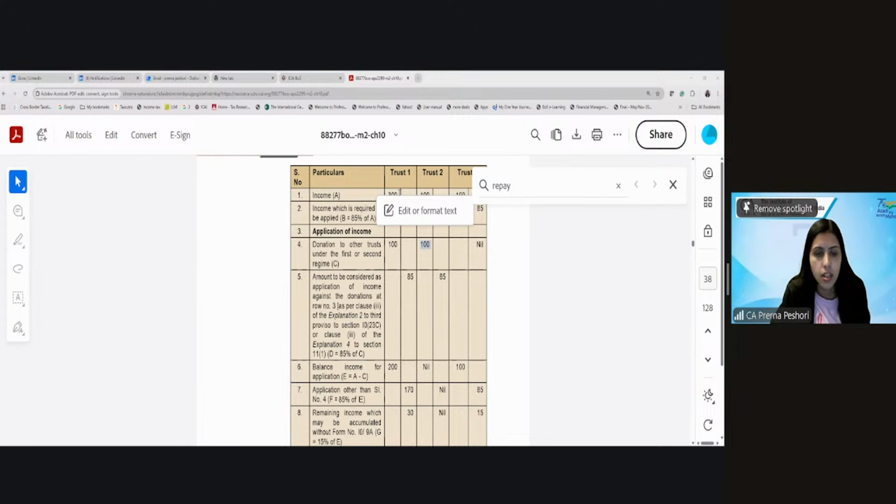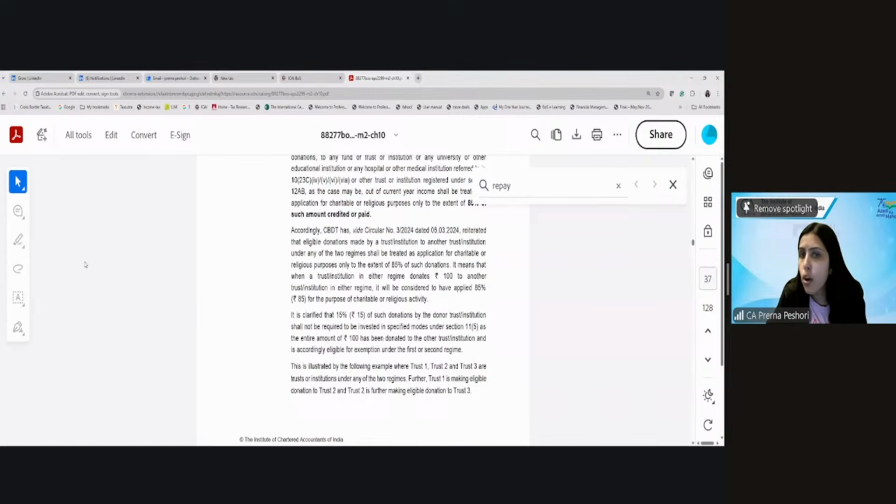Okay. Will there not be a violation because this trust is transferring 100% of its fund to another trust? Will there not be any violation because 85% it has to apply? 15% is my ad hoc exemption or ad hoc application which is given to me. Now, if I donate to another trust, what the law says is that it will be considered to have applied 85% for the purpose of charitable or religious activity.